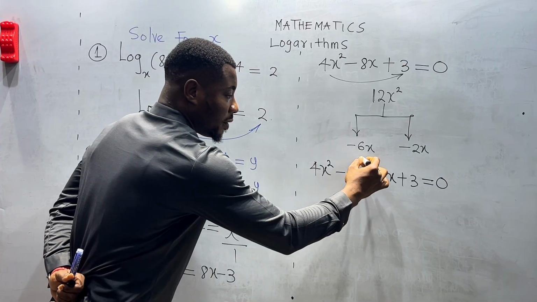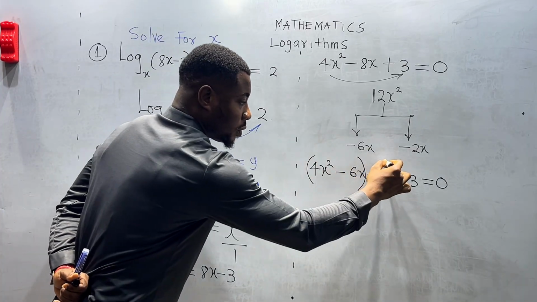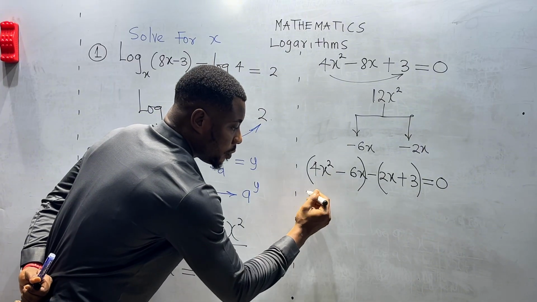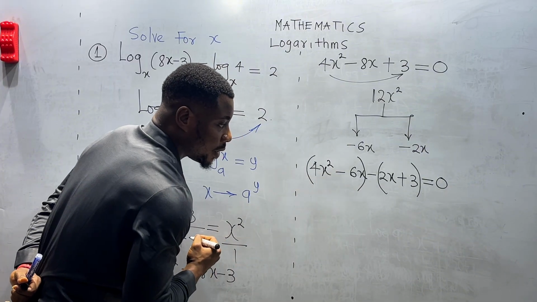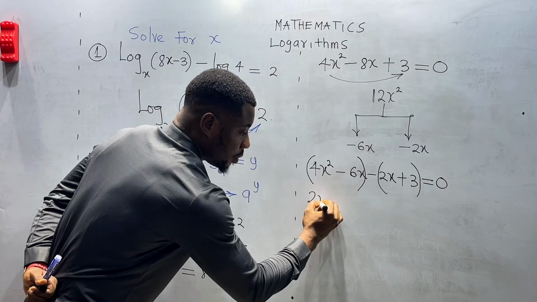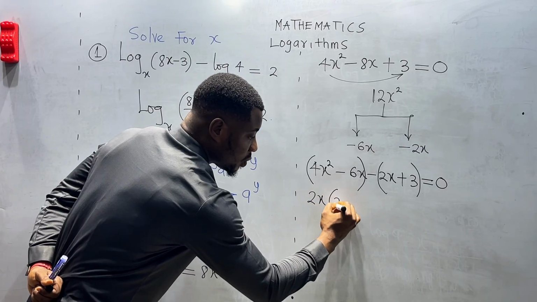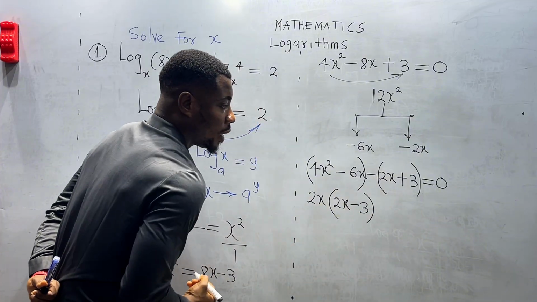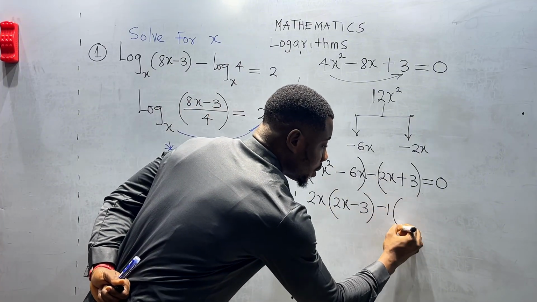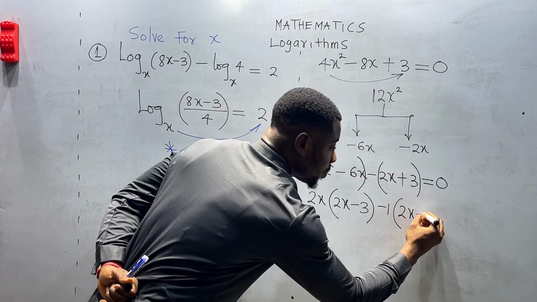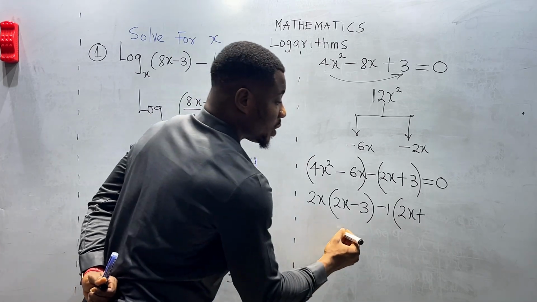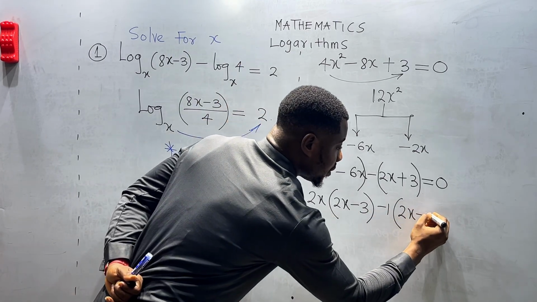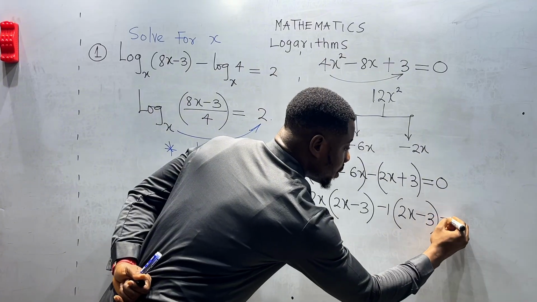So what we have here, we can now group into two terms. If we bring out 2x from here, 2x is common. If we bring out 2x, we are left with 2x here and 3 here. Then minus 1 is common, so we bring out minus 1, and we are left with negative 3 here, being equal to 0.